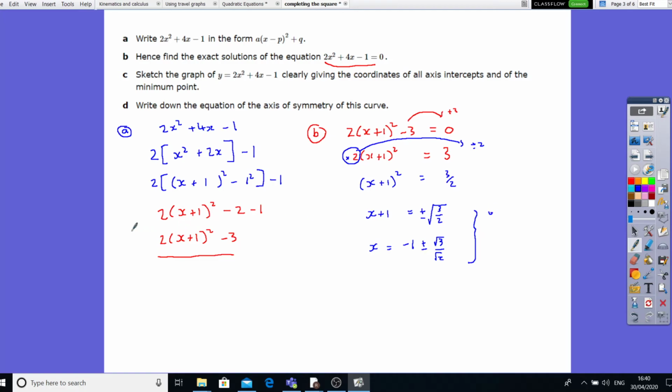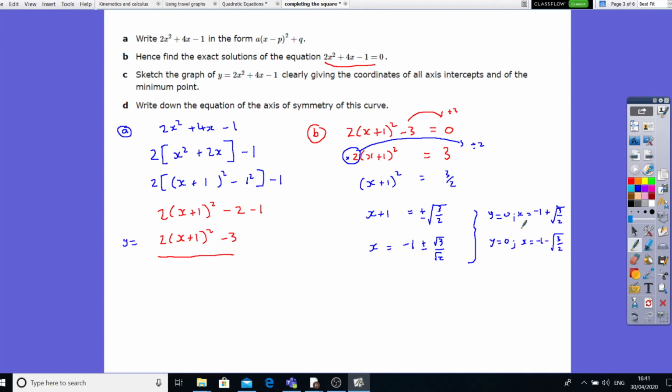when y, let's call this the y equation, when y equals 0, x can equal minus 1 plus root 3 over 2 square root, and y equals 0, x can equal minus 1 minus root 3 over 2 all square root.